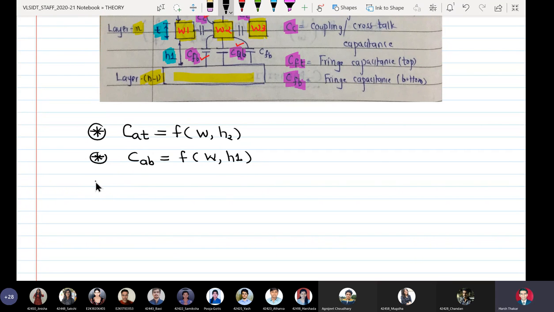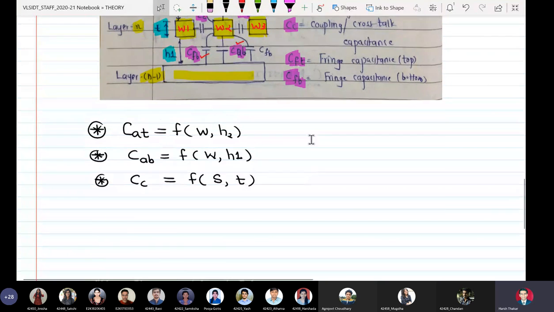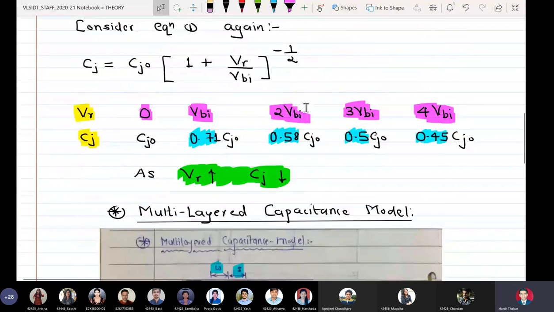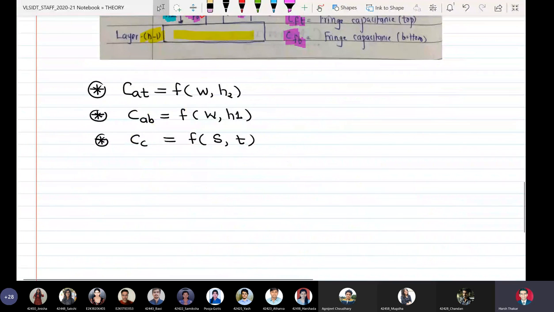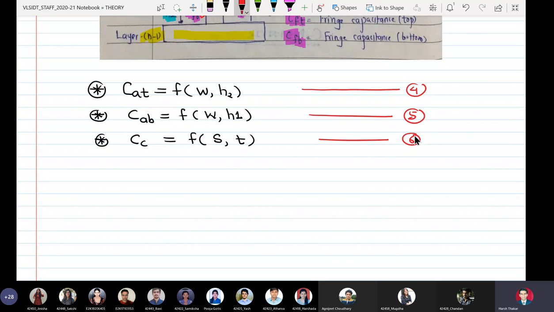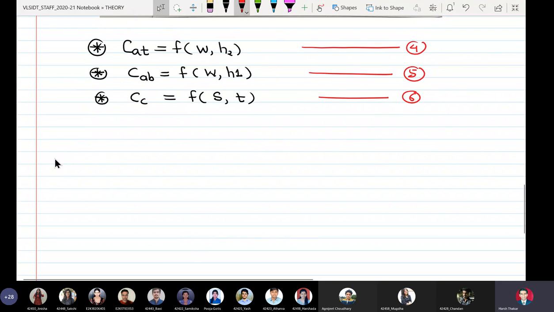The third dependency is for the coupling capacitance CC, which is a function of the distance of separation between the wires and the thickness. So we can name them equation 4, equation 5, equation 6.